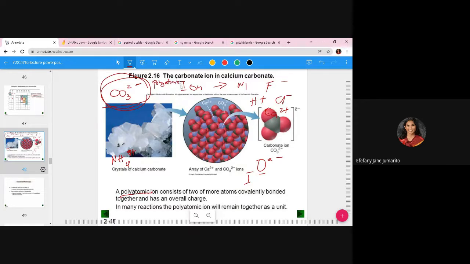Polyatomic ions. We have carbonate, we have NH4 plus, then we also have acetate, C2H3O2 minus. So it's polyatomic, the two different elements being combined.